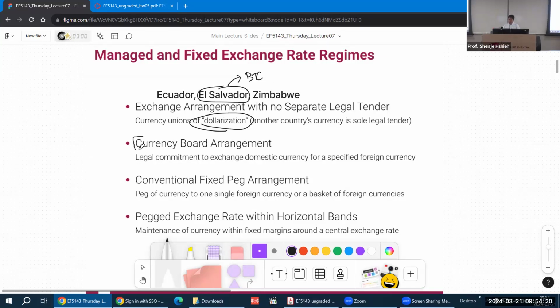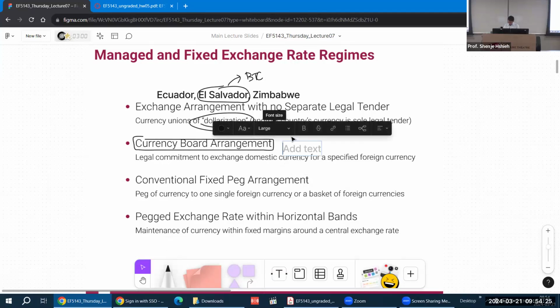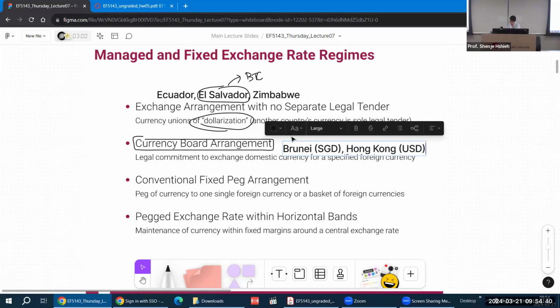All right, currency board arrangements are the following countries. You have Brunei. They peg their currency to the Singapore dollar. And you have Hong Kong, which they peg to the US dollar to some extent.